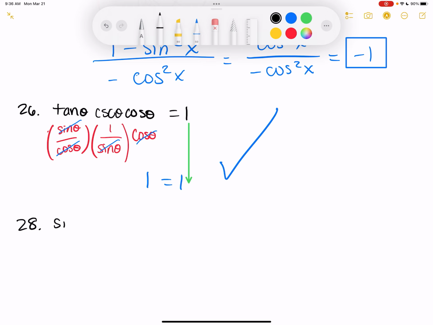Alright, so then 28 is the sine of pi over 2 minus x times the tangent of x equals sine of x. So again, your first thing should always be, to keep you from trying to do something to the right, is to draw your arrow down, showing that it's just coming down and you're not changing that side. So what do I have that I can work with here? Let me see.